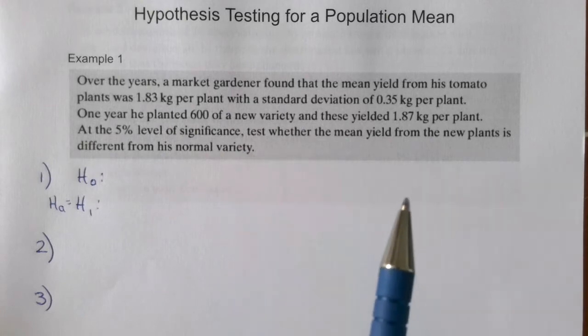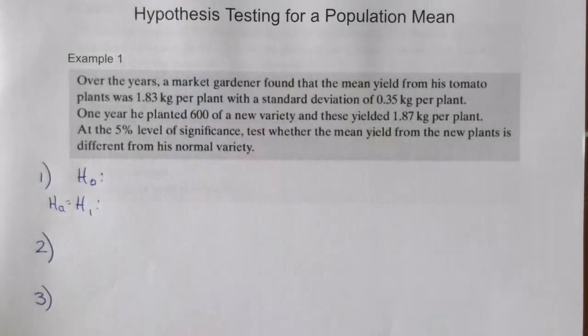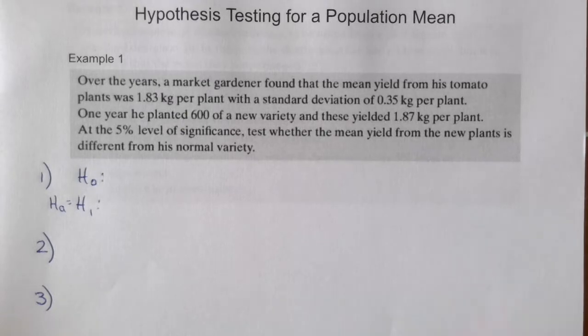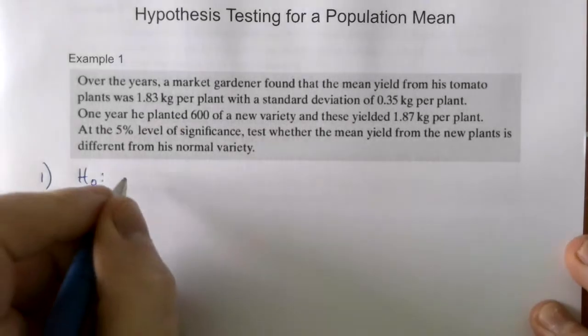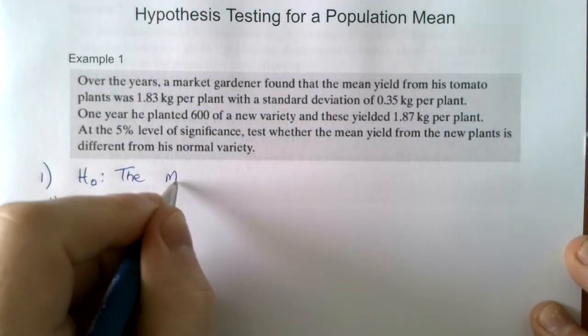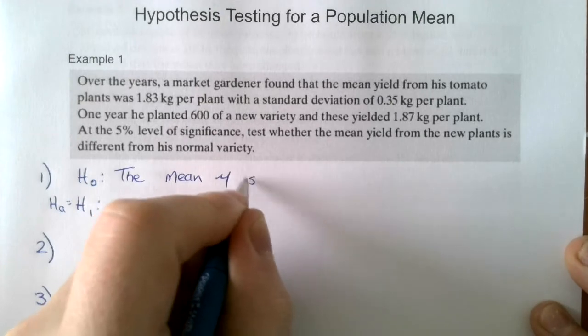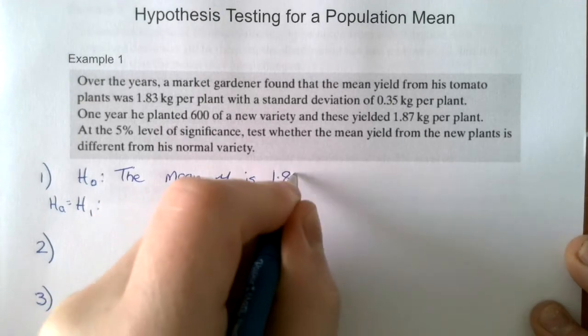So thinking back to when you did hypothesis testing for the population proportion, the steps are going to be exactly the same. So part 1, you're going to have to write down what your hypothesis is. First of all, the null hypothesis is that the mean, which we denote as mu, is 1.83.